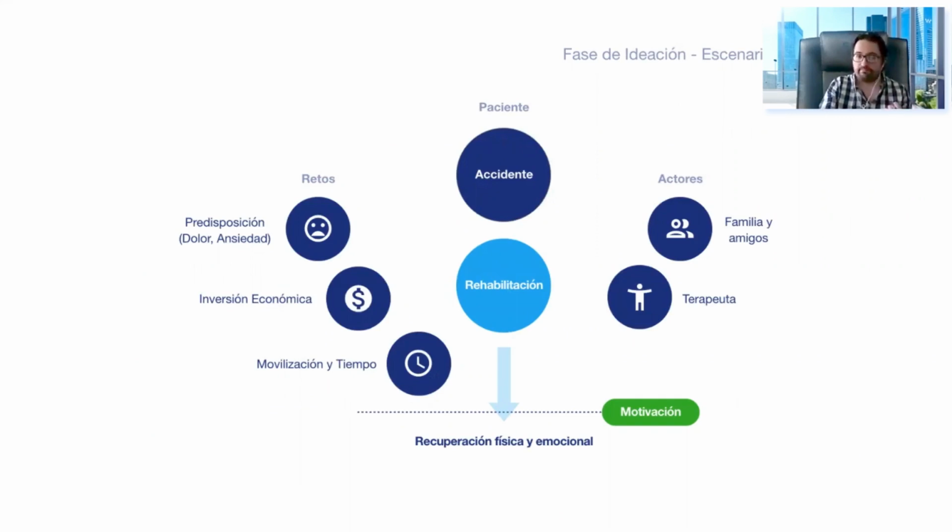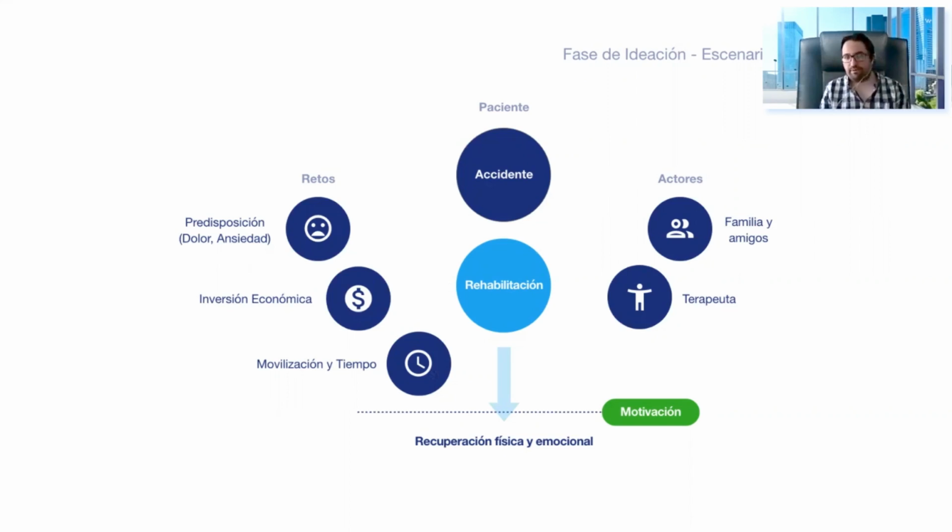So the idea is that people have 2 factors when they're doing physical rehabilitation, right? They have challenges such as the overall predisposition to pain, economical investment, the waste of time. People don't want to have things interrupted, and they don't want to mobilize to a facility and do very painful sessions of rehab.